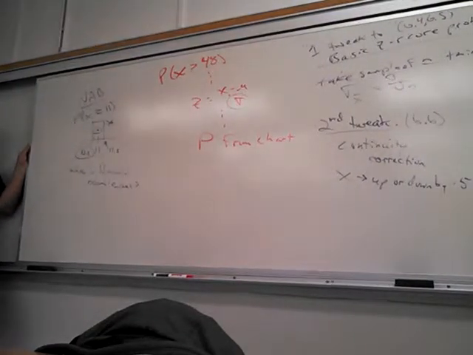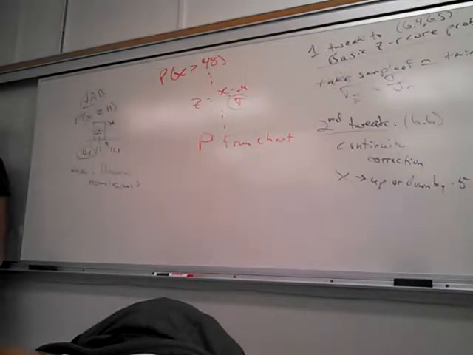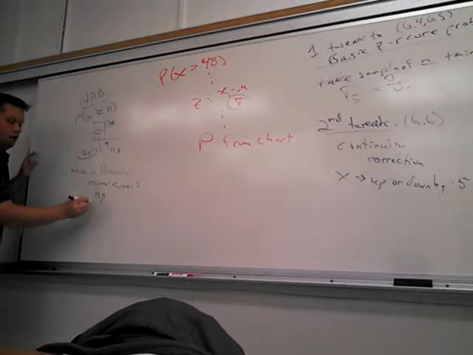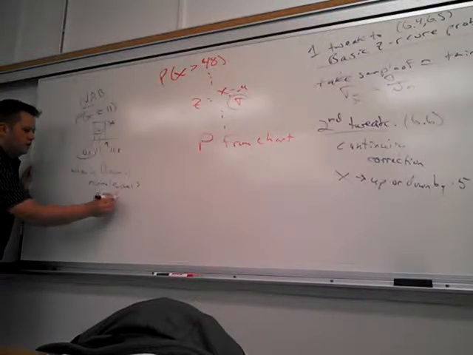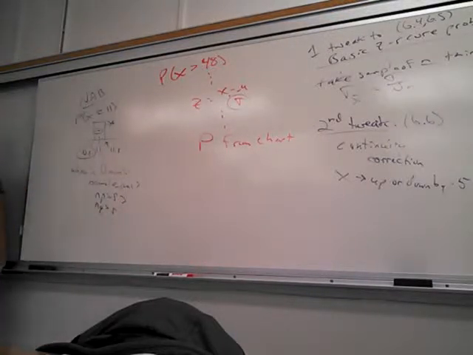What do we have to check? I say that like that because it's normally a trigger. What do you check in a binomial, an NPQ problem? NP and NQ bigger than 5. If that's true, then it's normal enough. If it's not true, you can't officially use a normal distribution.